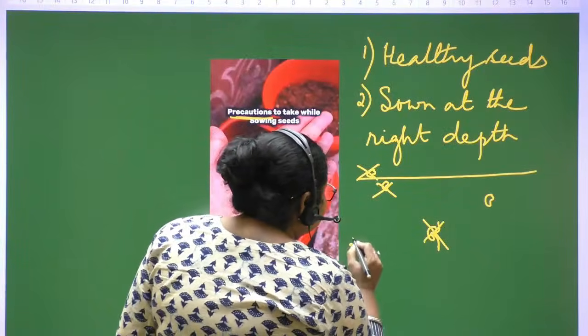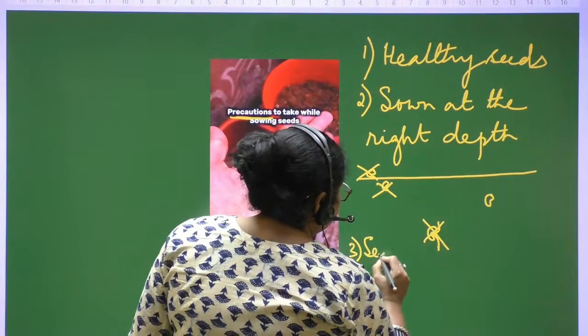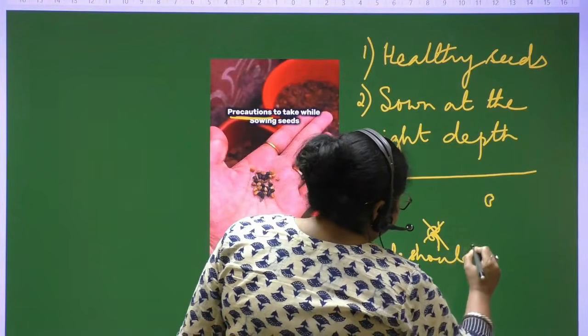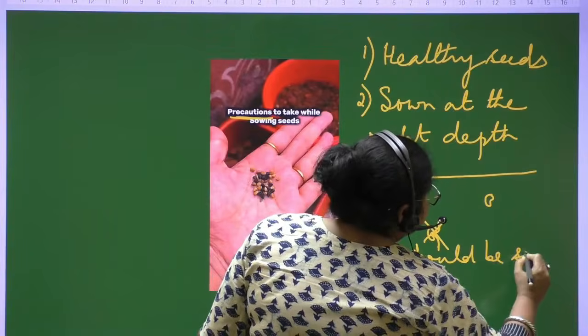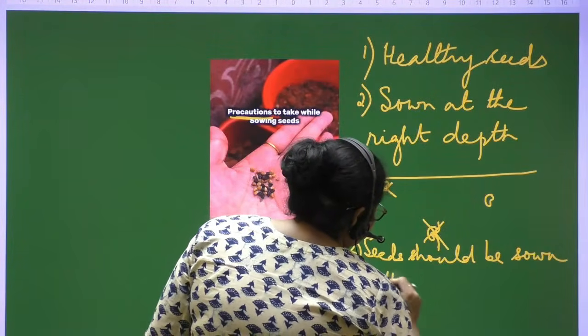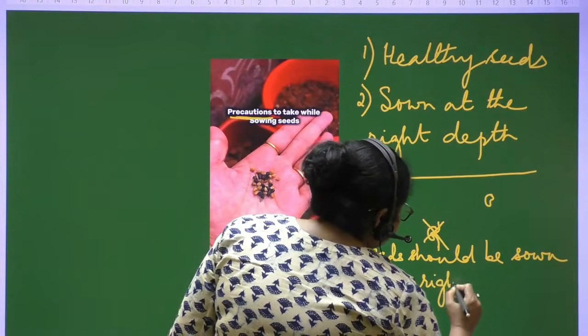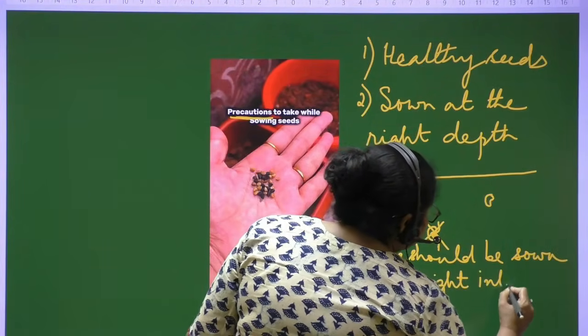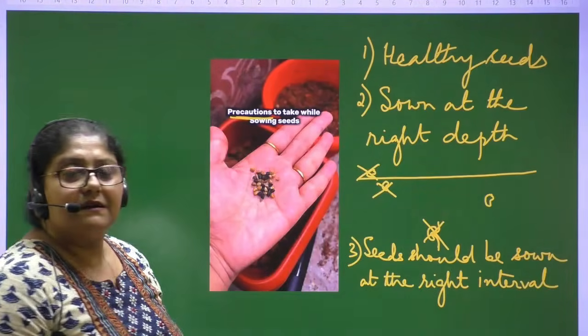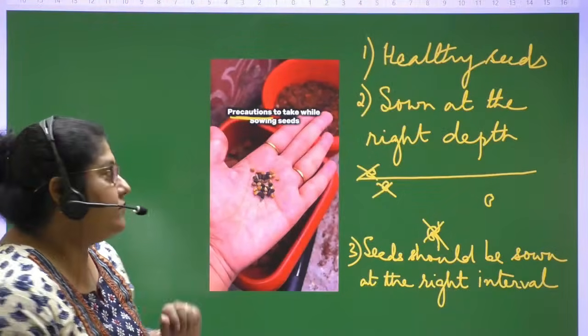Next, the seeds should be sown at the right interval. That means the gap between the seeds should be taken care of. How?